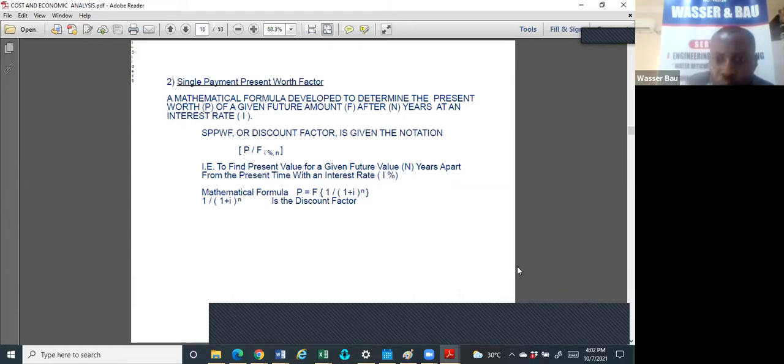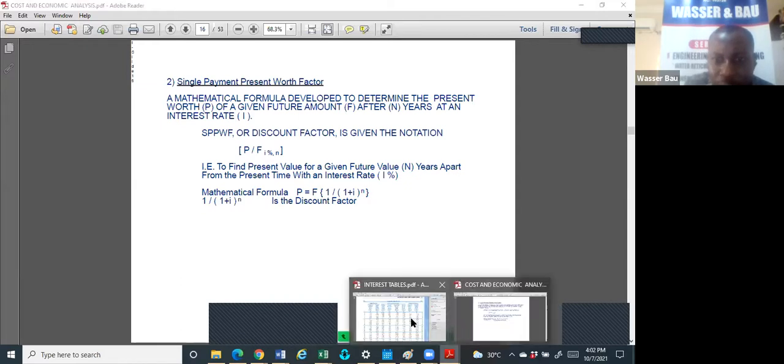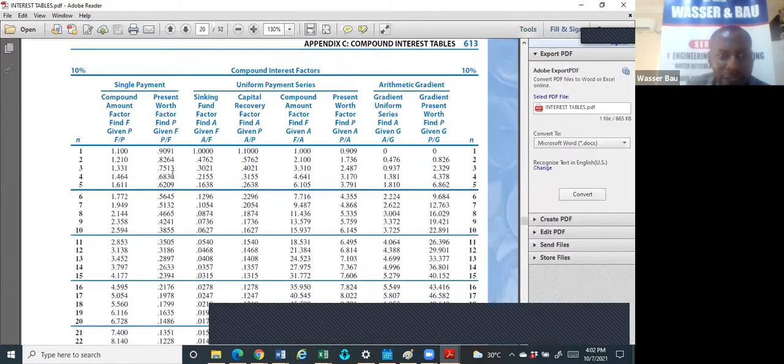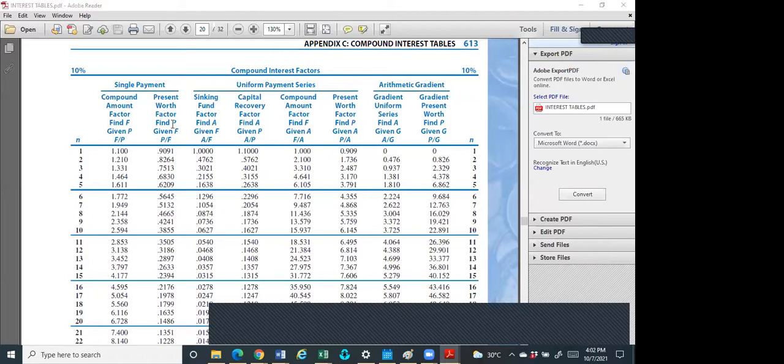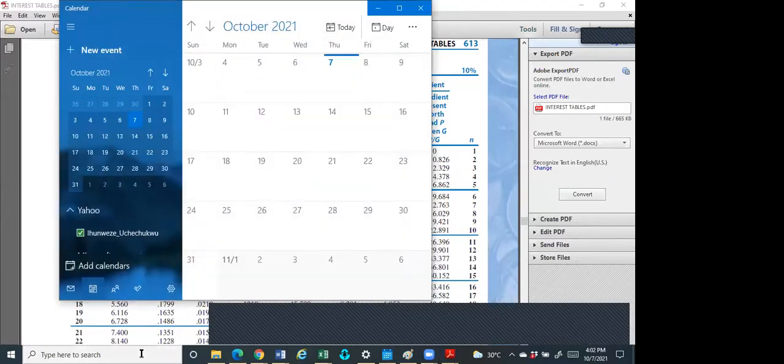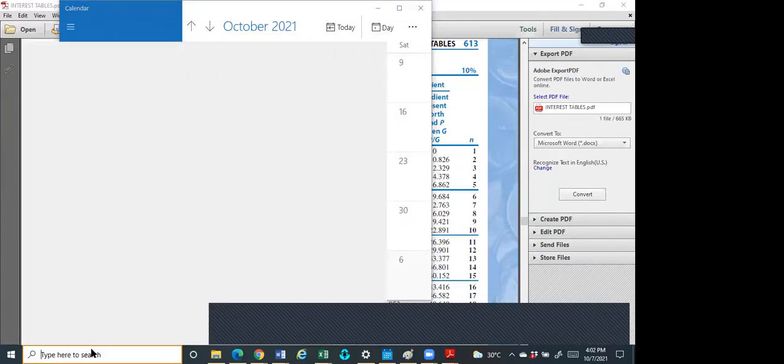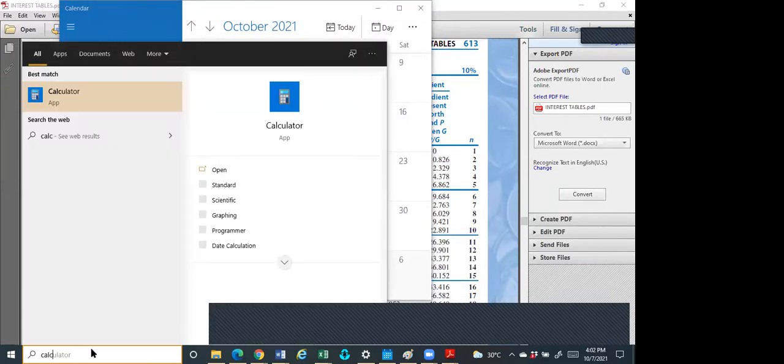So when I come to my interest table, since we are still on 10%, I will find P given F, and the factor is 0.9091. So if you multiply 11 million by 0.9091, let's see what that would be. Let me bring the calculator. Stay with me, please.